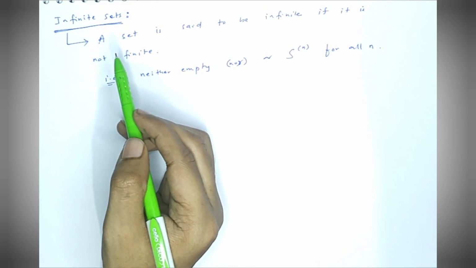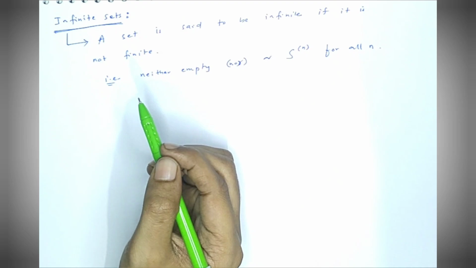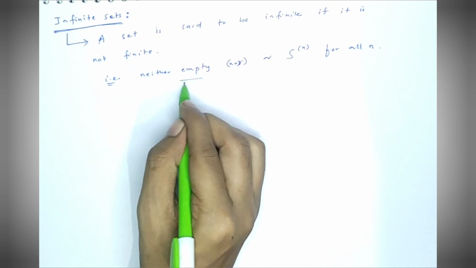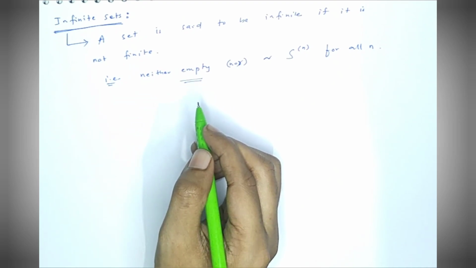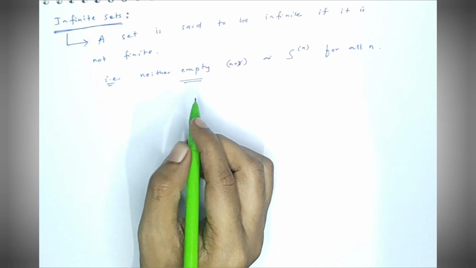A set is said to be infinite if it is not finite, that is, the set is neither empty nor is similar to Sn for any n. Then we can say that set is an infinite set.